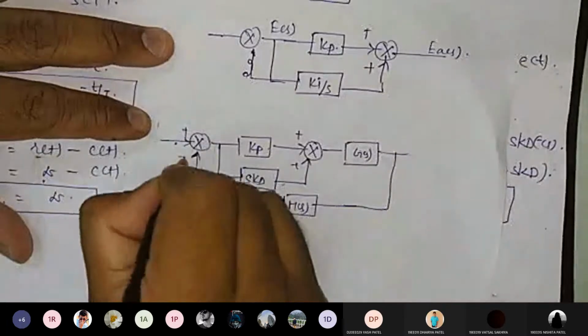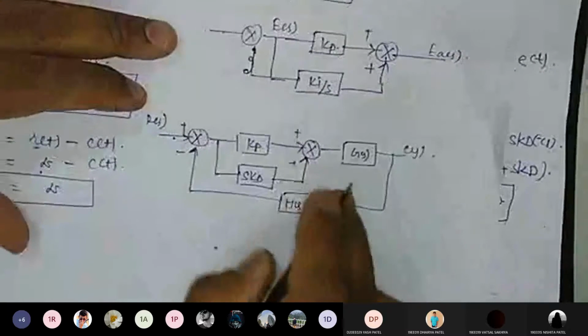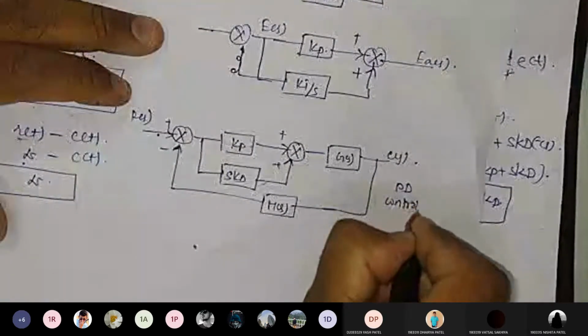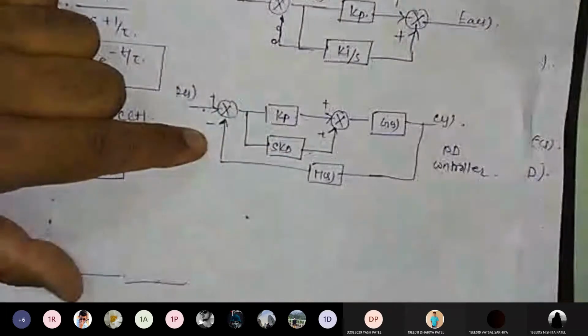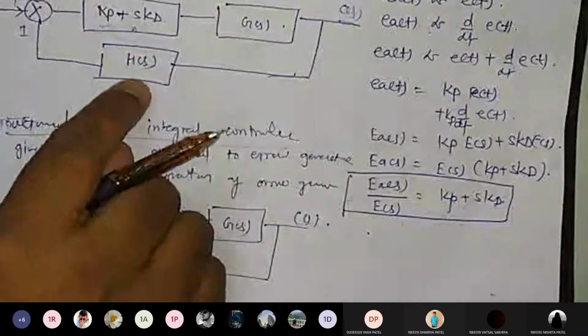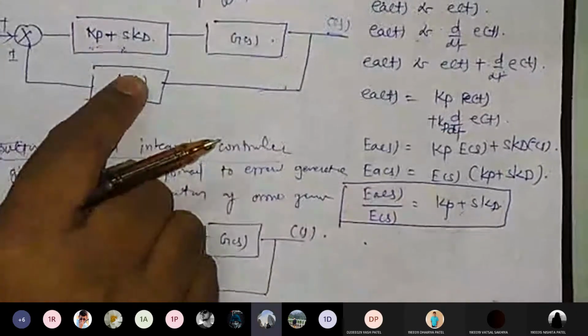This is your plus R of s, C of s. This is for the PD controller. Are you getting me? I have redrawn this figure. Yes, sir.